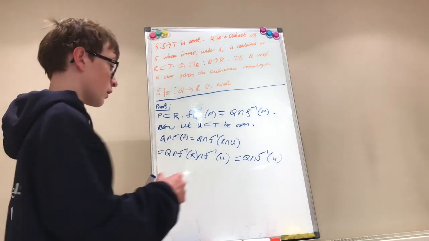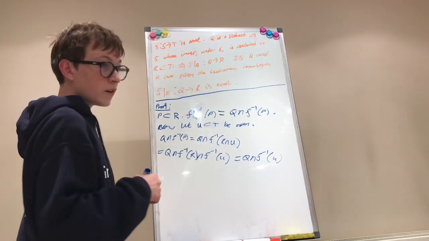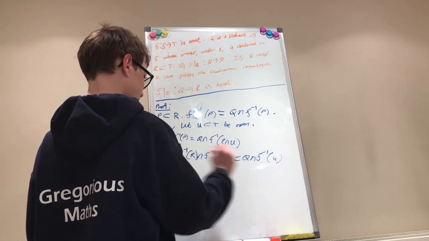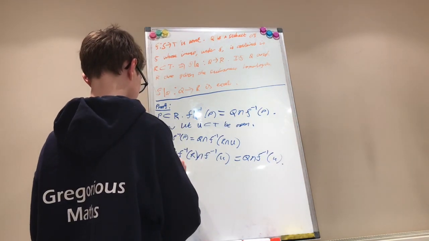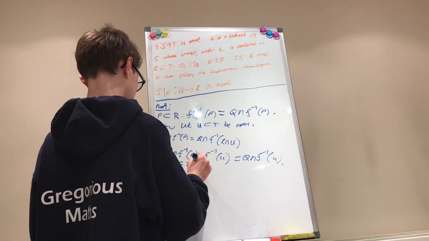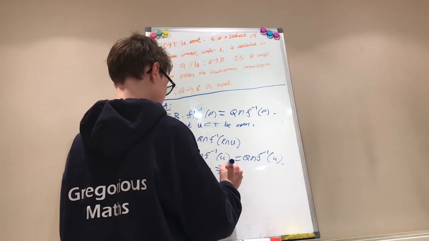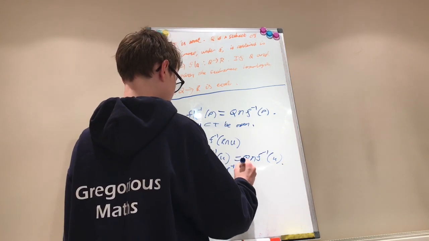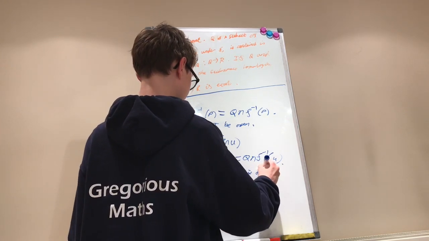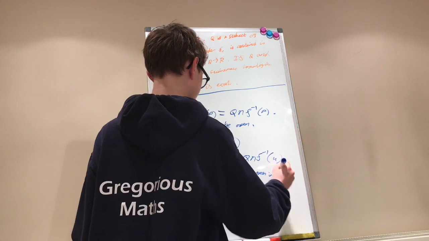Okay. And now, since F is continuous, this means that the preimage of U is open in T, right?